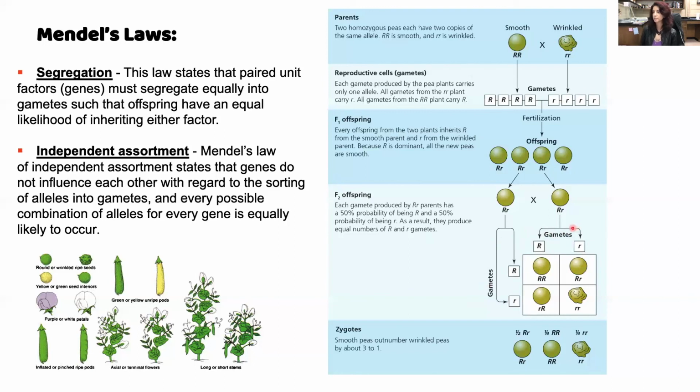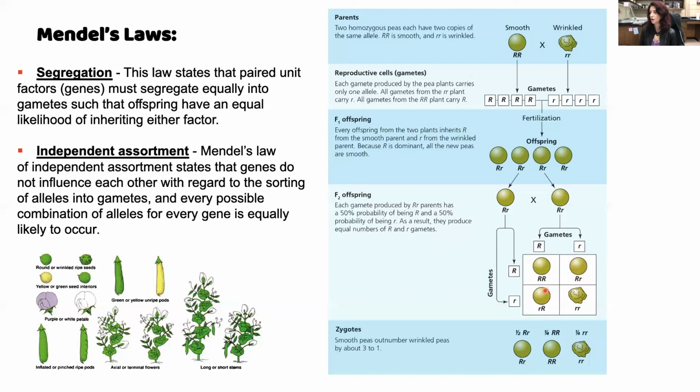Now the offspring could have different combinations of the dominant and recessive alleles. So here we need to do a cross between this big R allele and this little r allele in the gametes. Stick it together. That means we have big R, and our phenotype is smooth. Moving over here, our combination would be big R, little r, making our phenotype smooth, but instead of being homozygous, it's heterozygous.